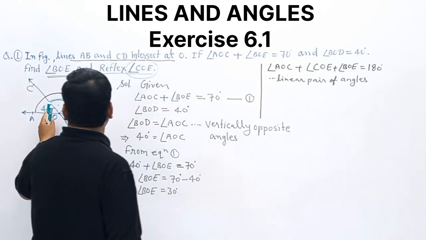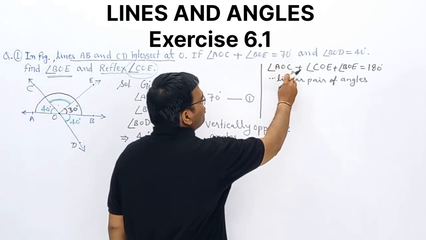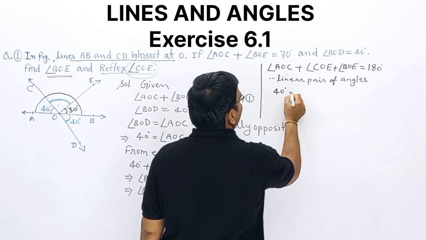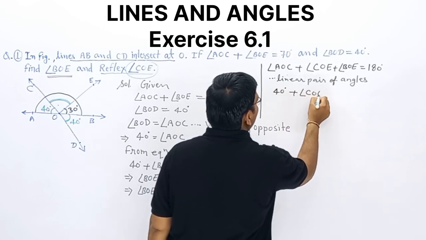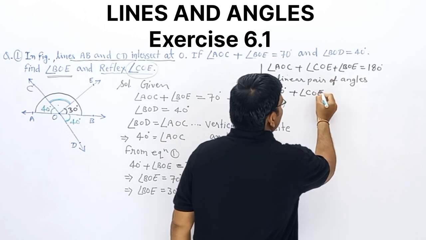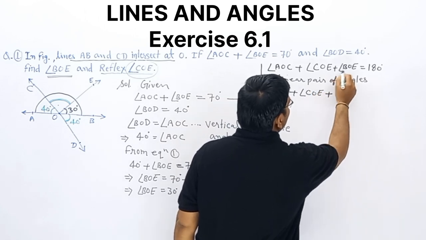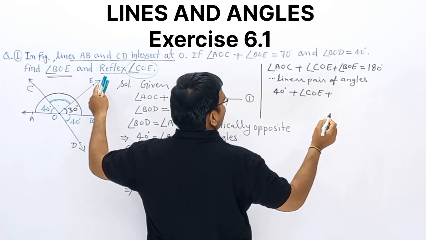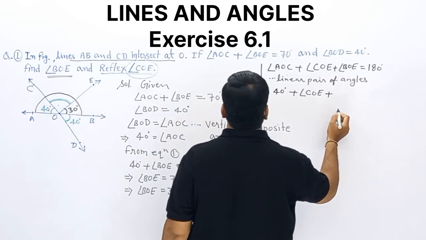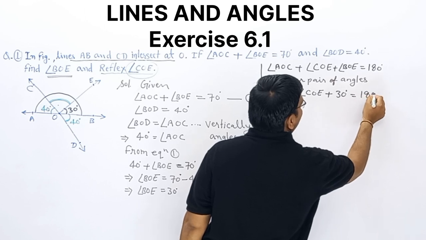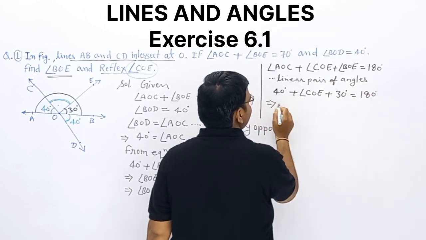Now we put the given data there. AOC is 40 degrees, plus angle COE, which we want and keep as it is, plus BOE, which is 30 degrees, and all will be equal to 180 degrees. Solve.